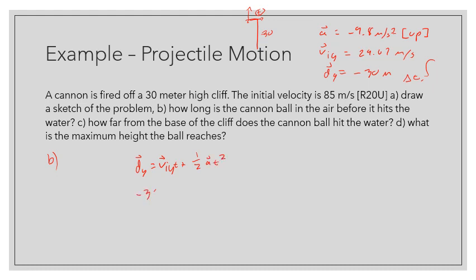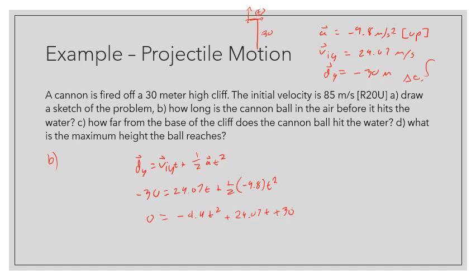So negative 30 is equal to 29.07 t plus 1/2 times negative 9.8 times t squared. If we set all this to equal 0, we have 0 is equal to negative 4.9 t squared plus 29.07 t plus 30.